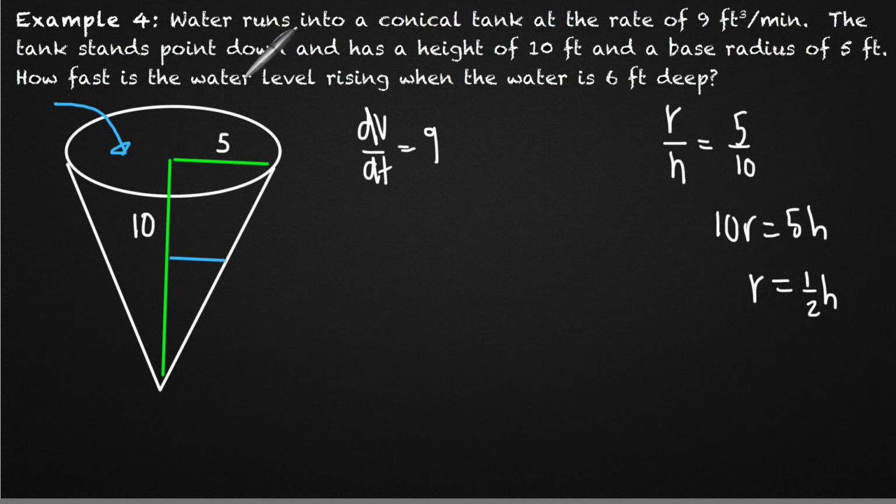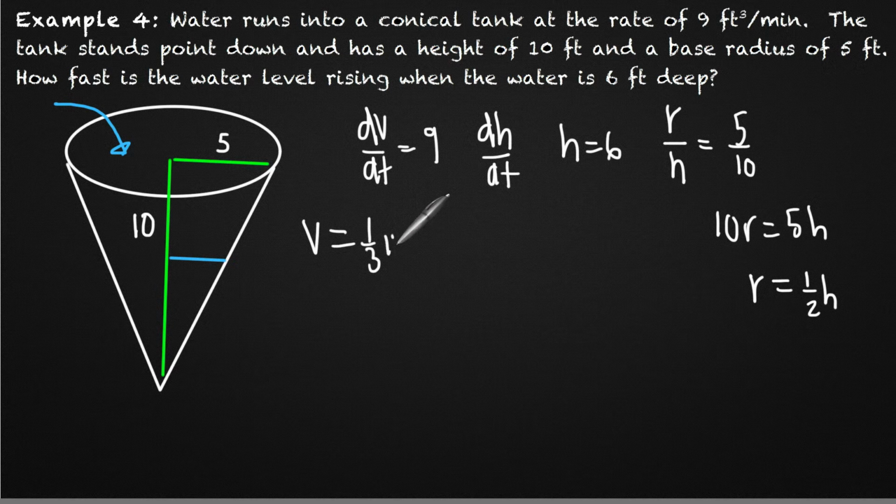We want to know how fast the water level is rising when the water is 6 feet deep. So we're looking for dh/dt, the water level rising when the water is 6 feet deep. So h is going to be 6 at that instant. Let's go ahead and write our equation. The volume of a cone is 1/3 pi r squared h.